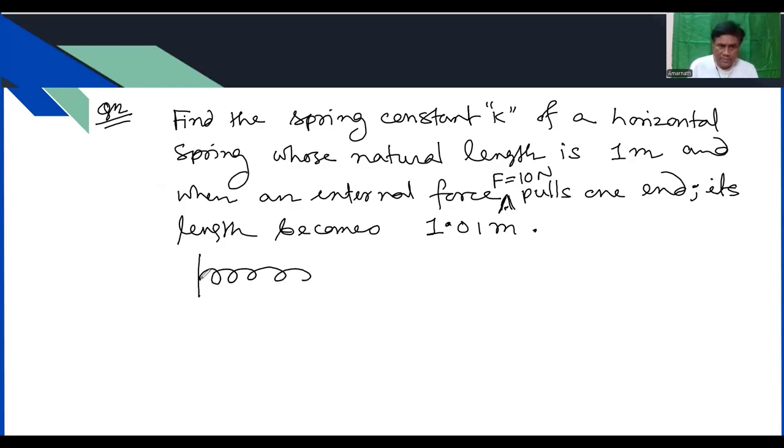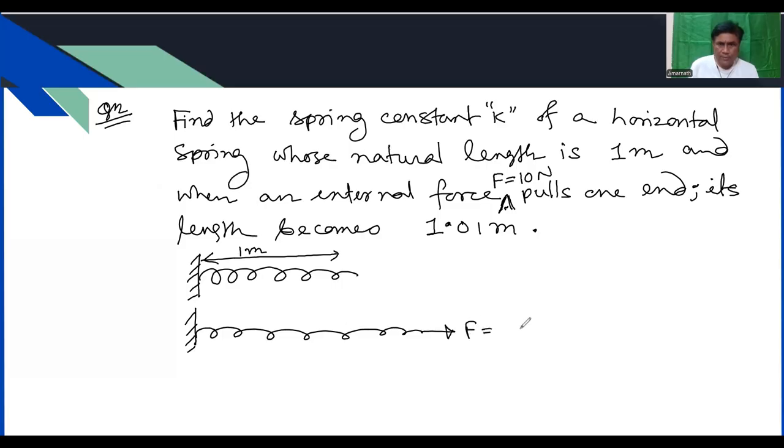Say this is the spring. Now its length is 1 meter. But when the same spring is pulled by a force F equal to 10 Newton, its length becomes 1.01 meter. Now this is the situation.